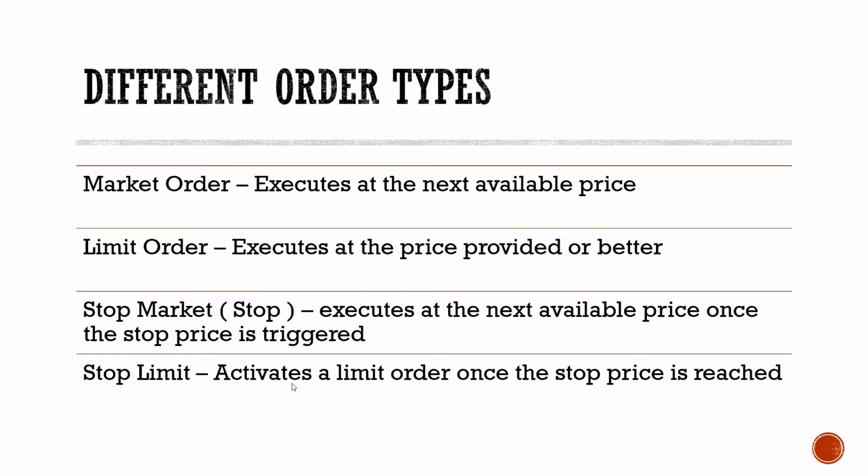As soon as 12.50 hits, it will activate a limit order of 12.51 or 12.52 or 12.50, whatever price you put in. So in a stop limit order, you have to put two parameters, one being the stop price, one being the limit price. In the stop market order, you only provide one parameter, which is the stop price.